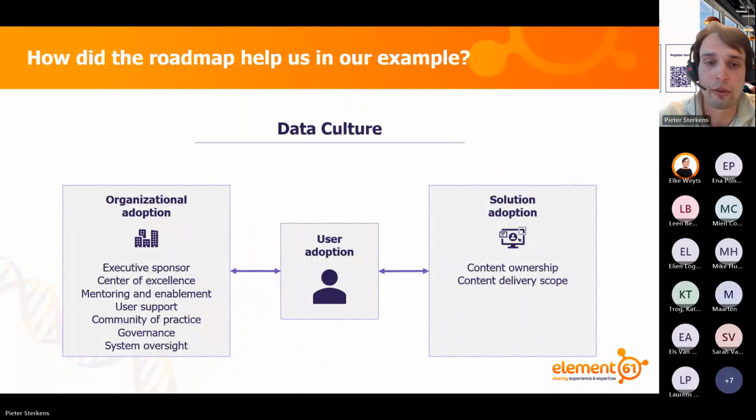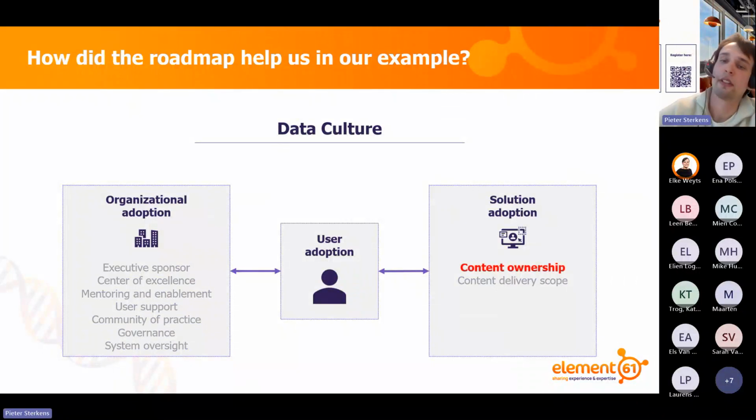And so to illustrate that, let's look at the example I talked about earlier and see how we used, in this case, the roadmap to become better and better and create a good end product. And so remember, I talked about that proof of concept that we started with, where the BI team created both the data model and also that initial report.